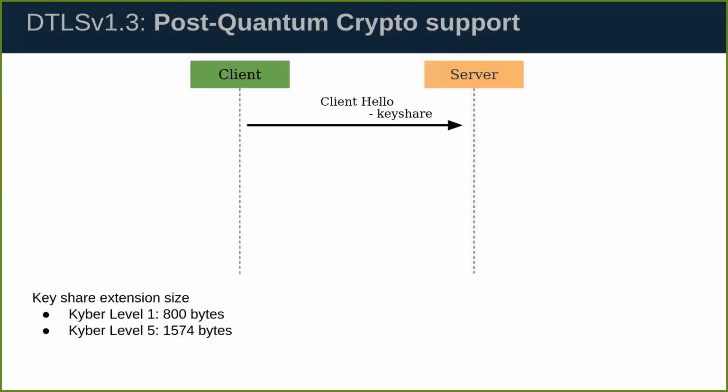This way, the entire client hello can be validated by a stateless server. And when the server receives a valid client hello that's unfragmented, it responds with the hello retry request including the cookie extension to perform the return routability test. And it also includes the available post-quantum cipher suite key share.